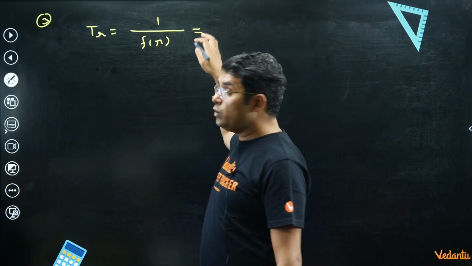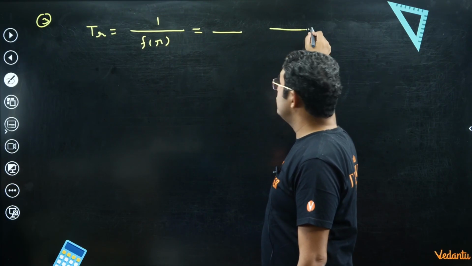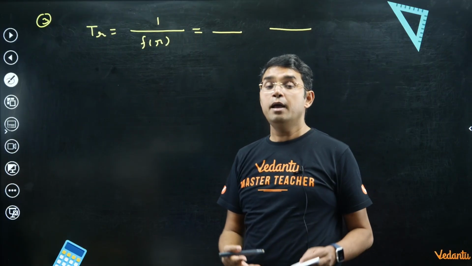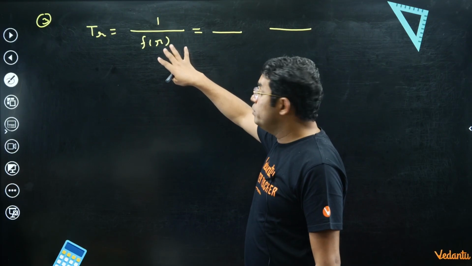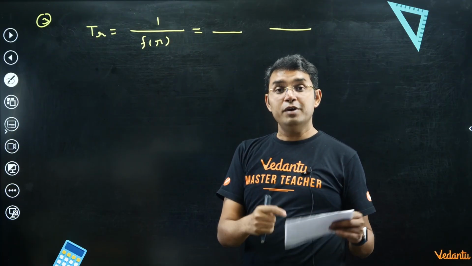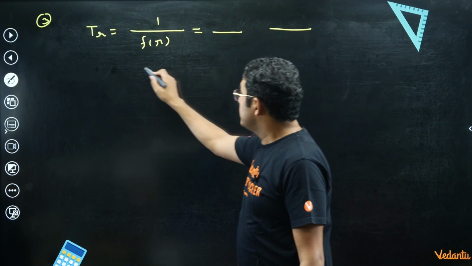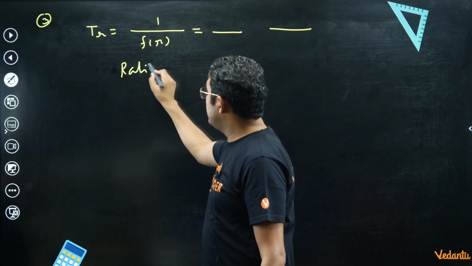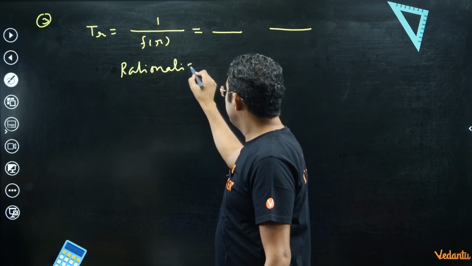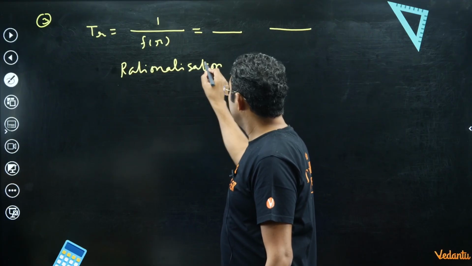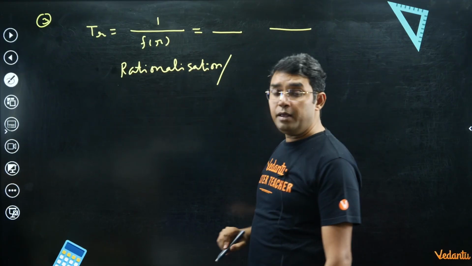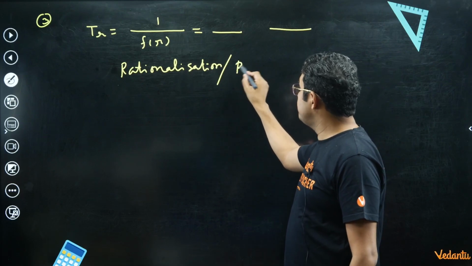You will be trying to write this as a difference of two fractions. You can call this a partial fraction, or you may use some method of rationalization. Rationalization is one idea, and partial fraction is another idea.